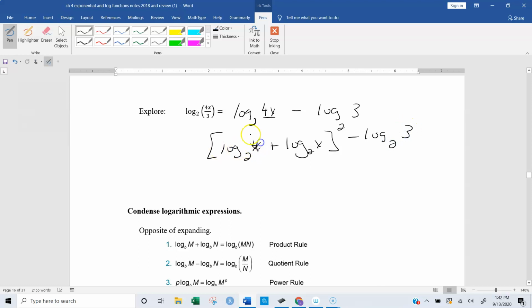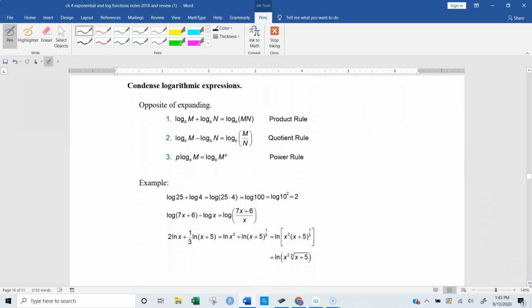Well, 4 is 2 squared, so this cancels to 2, plus, and I can't do anything with this guy, log base 2 of x. Here the parentheses are actually doing nothing because there's nothing in front to distribute, so we can leave them out. Minus log base 2 of 3. And you're done.